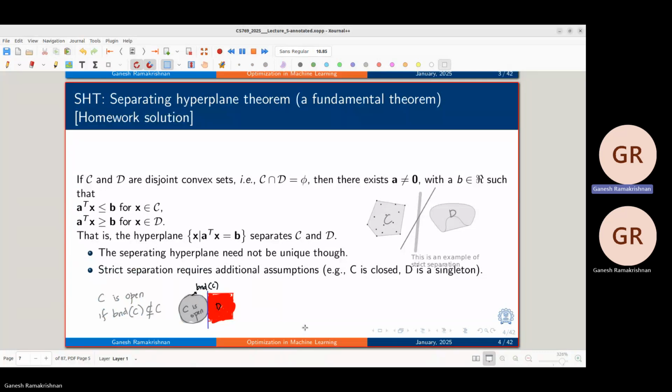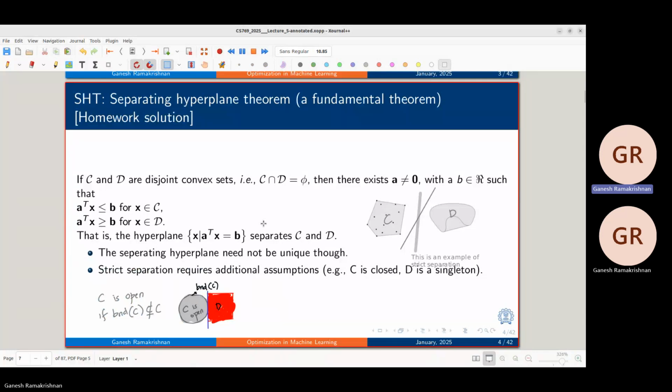So they are deceptively disjoint. I said deceptively because there is no strict separation.